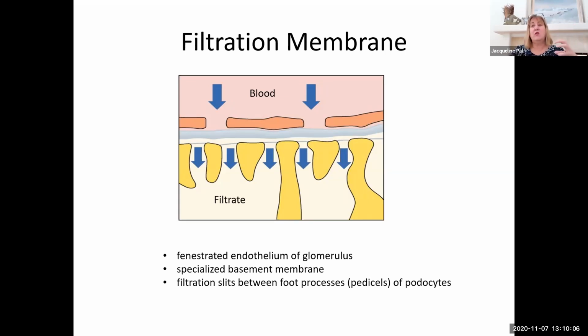And so what will become the filtrate has to go through these fenestrations and across the basement membrane, where then it is met with the filtration slits, which are actually tiny little spaces between those pedicels, those foot processes of the podocytes that completely surround the glomerulus. So that's what the filtration membrane actually is when you're hearing about it.